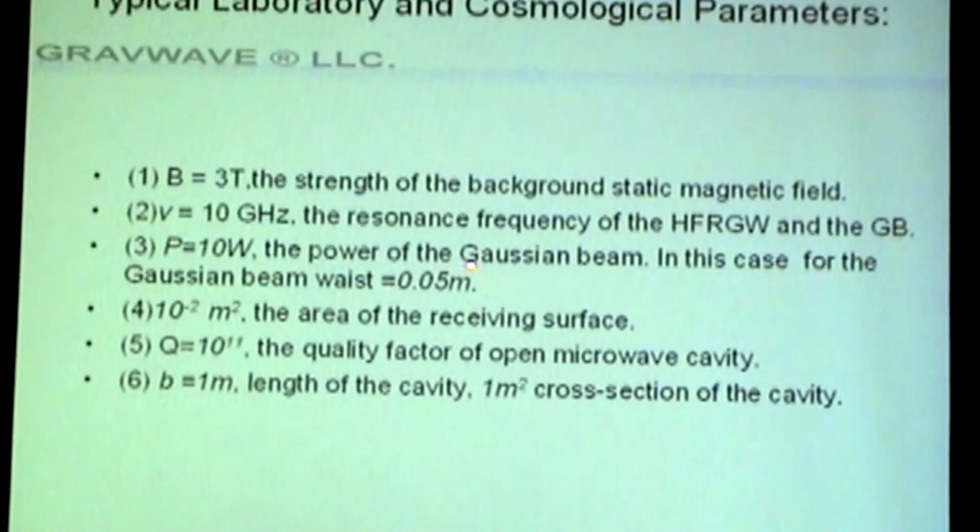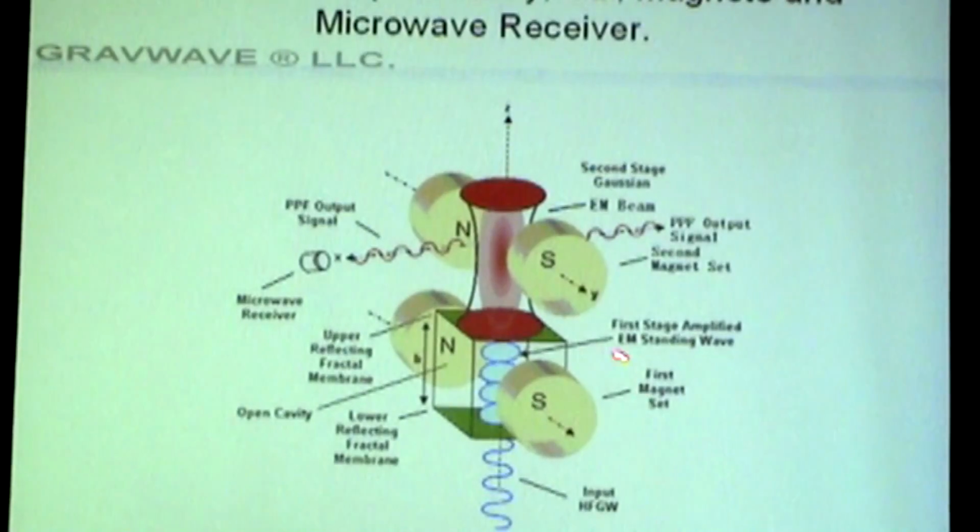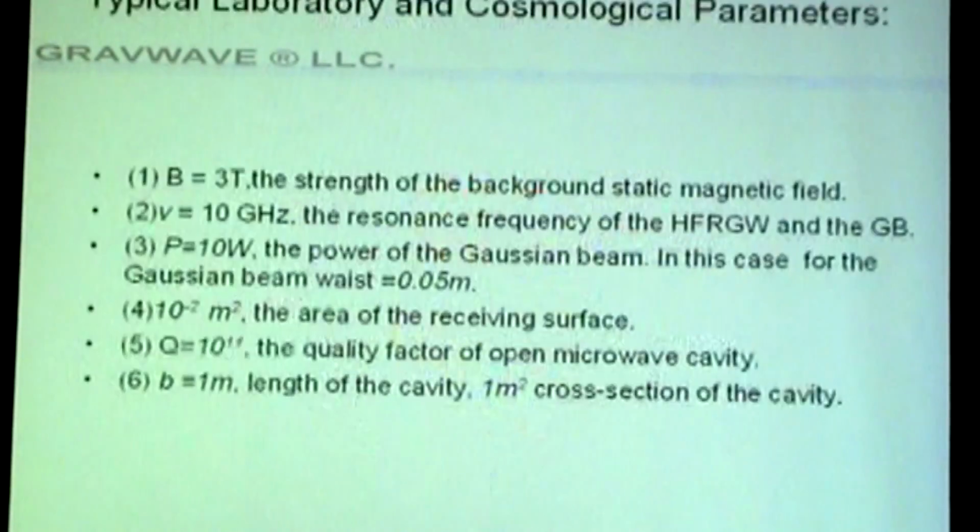The power of the Gaussian beam, or the beam that's going through there, the first one is about 10 watts. It's going into a waist. Just let me go back. The waist is in here. This beam essentially has a waist of about 1/100th of a square meter.